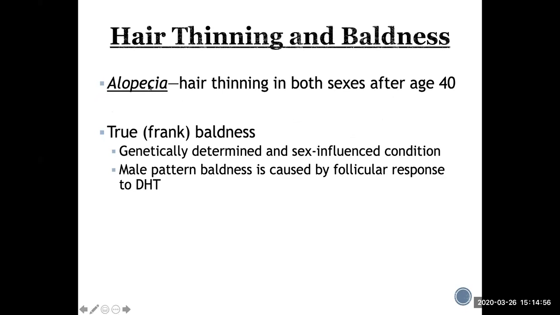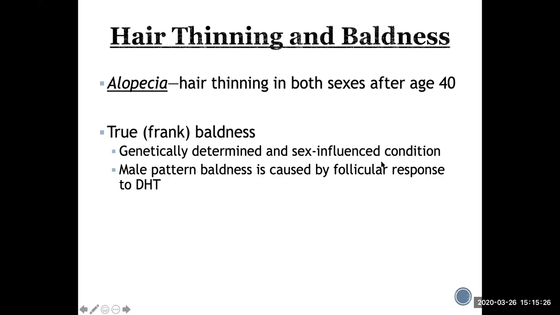Hair thinning and baldness. Alopecia is hair thinning, can happen in males or females after the age of 40. There are also people that have alopecia from the time they're born. I knew a guy that didn't have any eyebrows or eyelashes or any body hair. It happens. And then true baldness that we normally think of and that we keep trying to treat with Rogaine and stuff is actually genetically determined, so you can't really treat it.